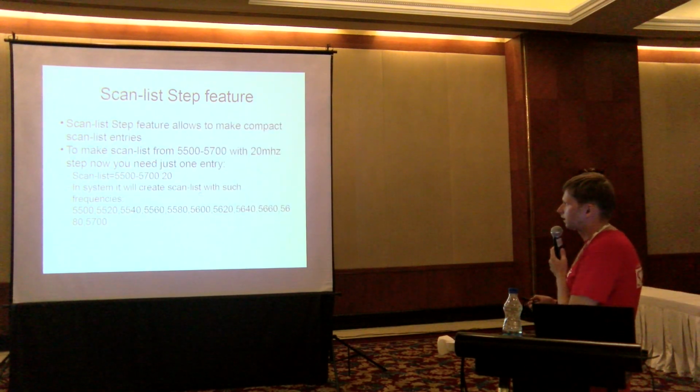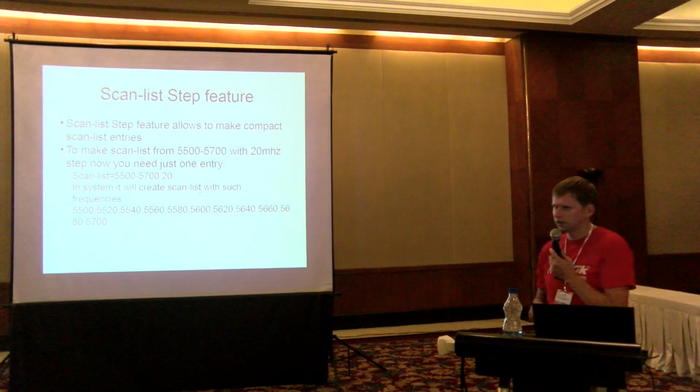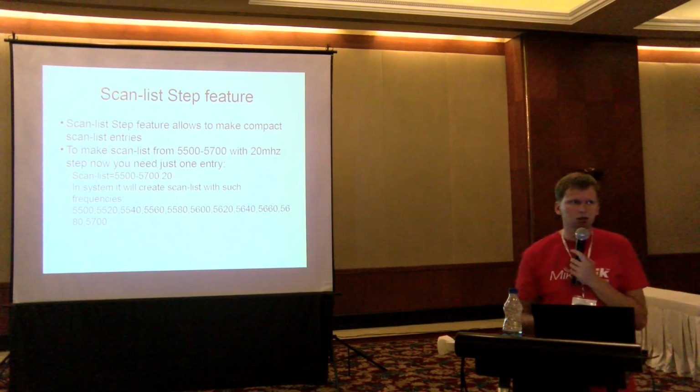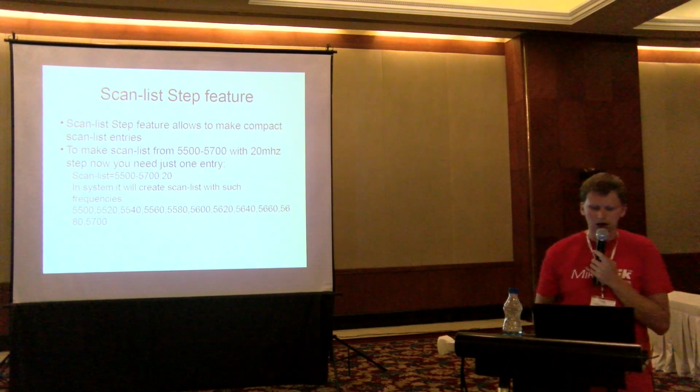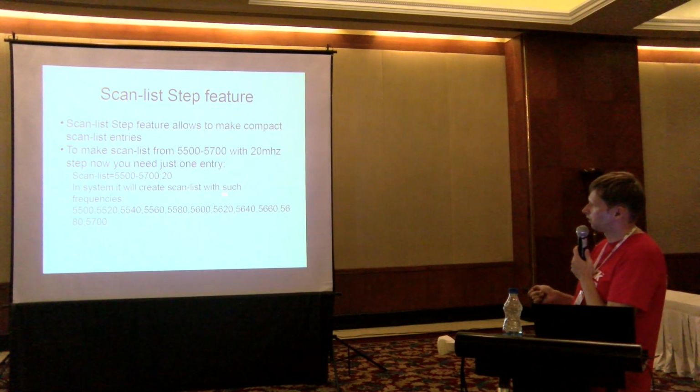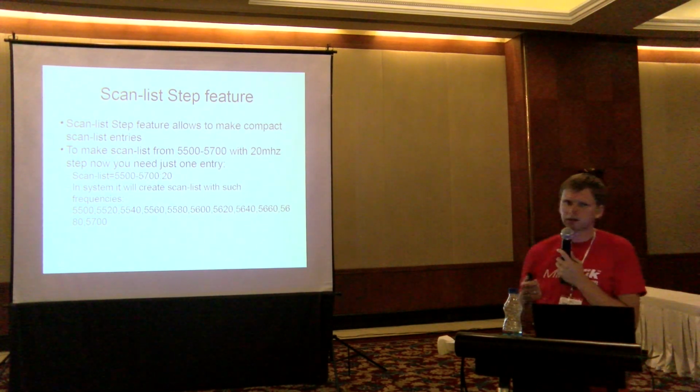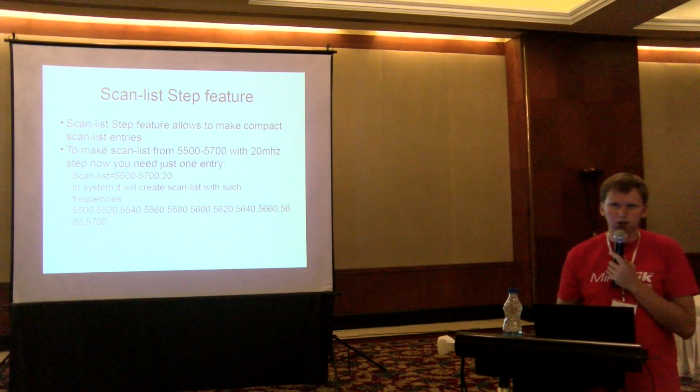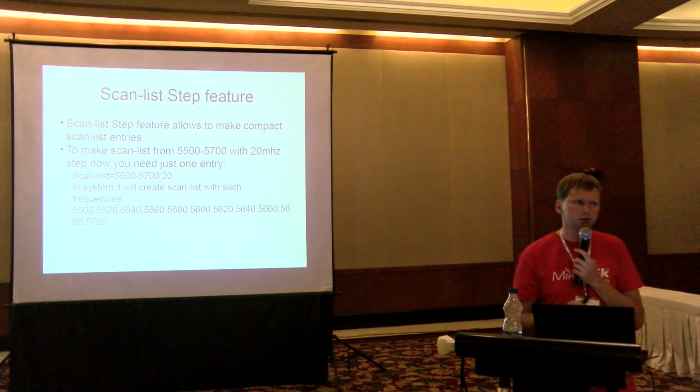Also, we have added a scan-list step feature to ease up your custom configuration. Previously, if you wanted to do a scan list from 5500 to 5700 with a 20 megahertz step, you needed to enter such a long line. It's sometimes very hard, or if you are working over console or some slow network, it's very hard.